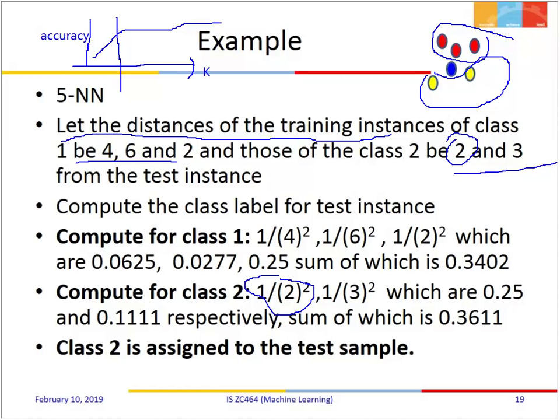So instead of having this kind of confusion, if you are going for a 5 nearest neighbor classification, you will get it like this. Okay. So diagram distances may not be taken that easily and correctly. So you go with the values which I am giving you here.